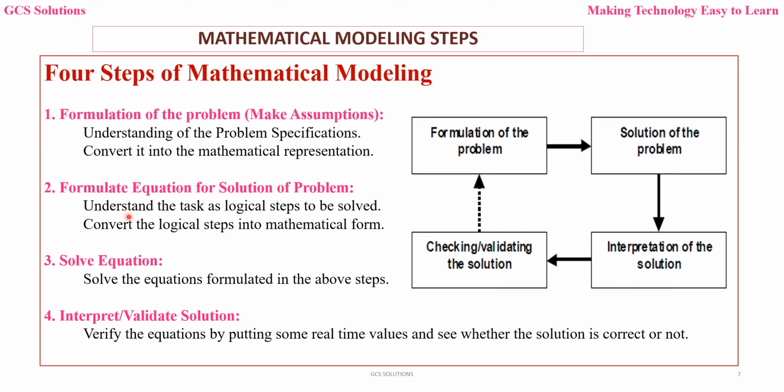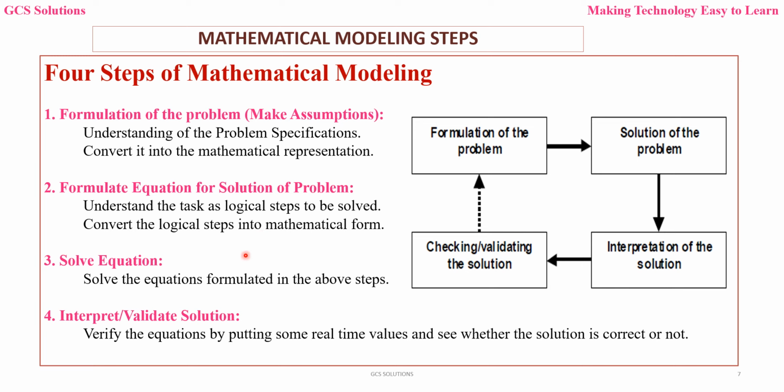In this step, what do you do? Understand the task as logical steps to be solved. So whatever mathematical representation you have done in step number 1 of the mathematical modeling, you try to understand the task as logical steps to be solved, then convert the logical steps into actual mathematical form.